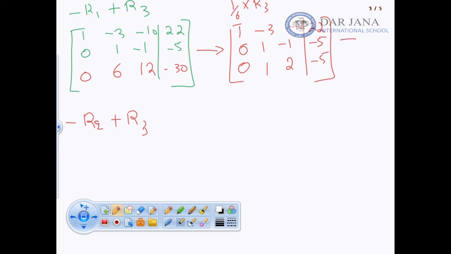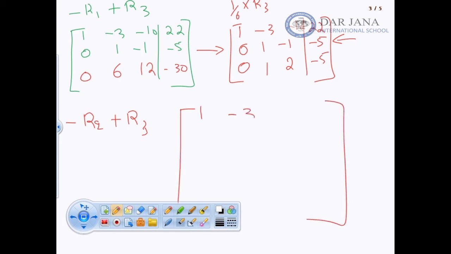If I multiply R2 by negative 1, I will have 0, negative 1, 1, and 5. And if I add it to R3, negative 1 plus 1, 0. And bingo, we got 0, 0. So this is the idea. What will happen?